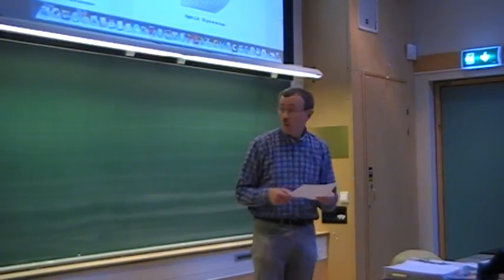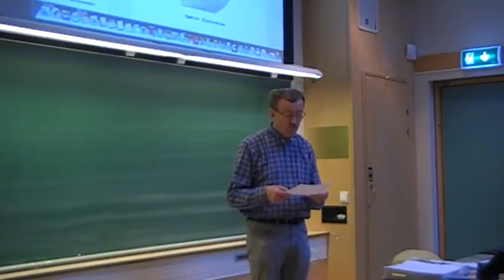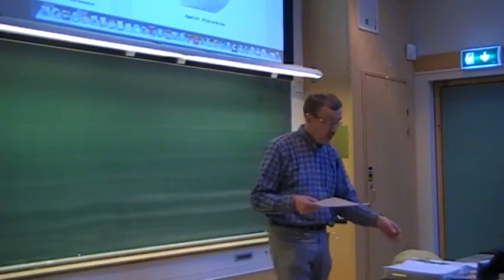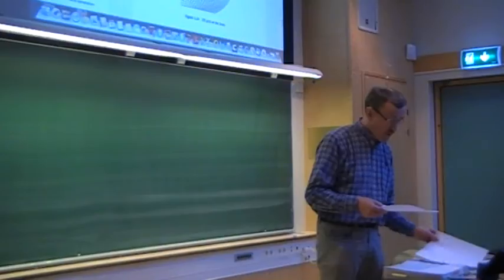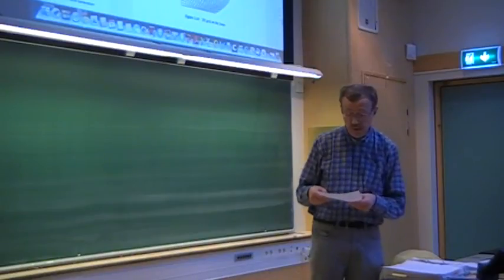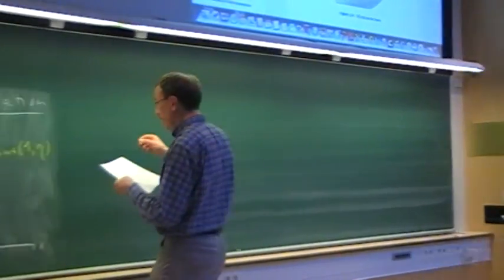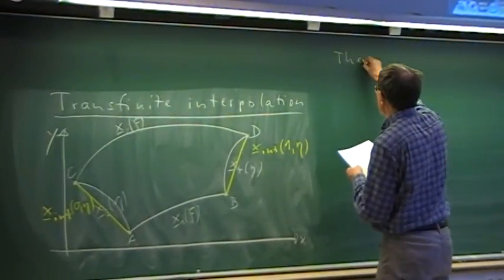So, we have seen that we can do this interpolation of the lower and upper boundaries, but then, as we saw here in the figure, the left and the right boundaries get wrong. But we can first write what we get when we do this interpolation.